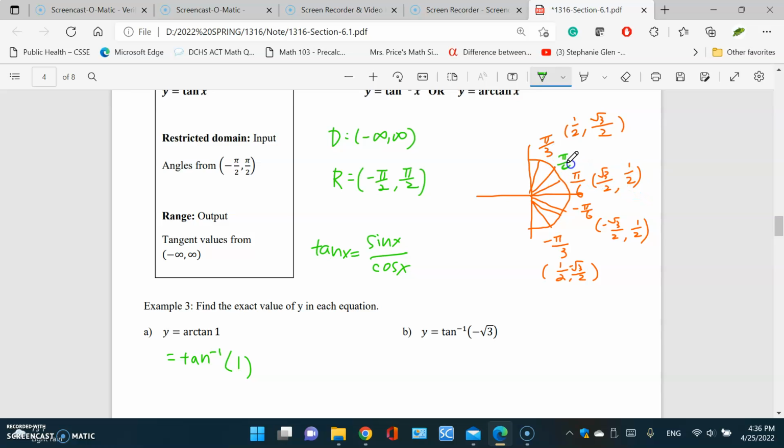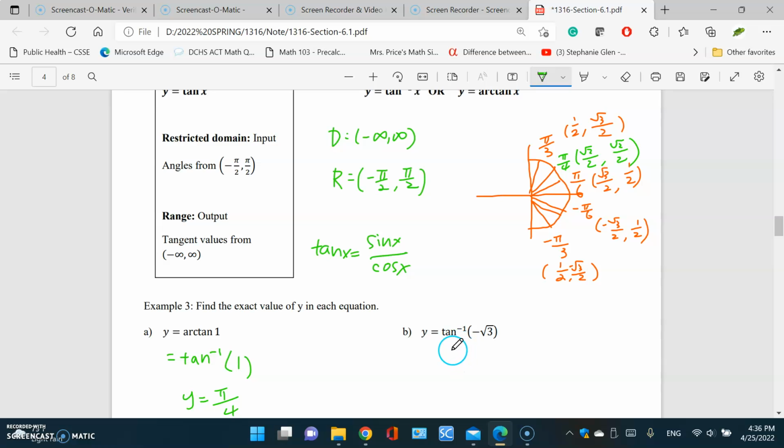Here's pi over 4, so we have root 2 over 2, comma, root 2 over 2. The only ratio you can get for 1 would be pi over 4. So with this one, y is equal to pi over 4. Sorry, I talked too fast. It's pi over 4.